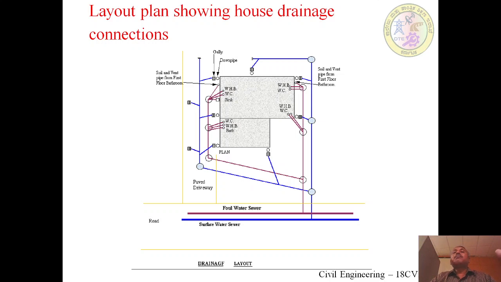Sometimes in the partially separate and partially combined system, some part will get mixed, surface water will get mixed over here, in order to maintain the self-cleansing velocity in the sewer. So it is the typical layout plan showing the house drainage connections. With proper house drainage connections, we can dispose of the storm water as well as the sewage in a better manner. Okay, thank you.